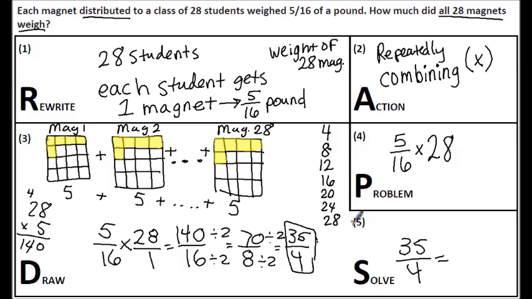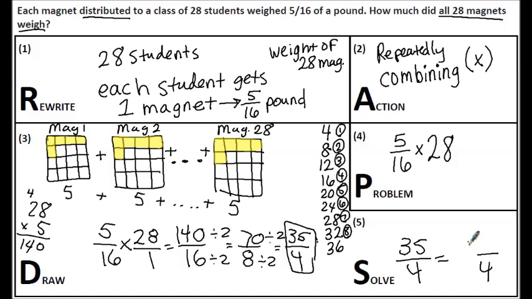So if I count by 4s, I can kind of see how many times 4 goes into 35, and 35 is in between 32 and 36, so it goes in 1, 2, 3, 4, 5, 6, 7, 8 times without going over 35.